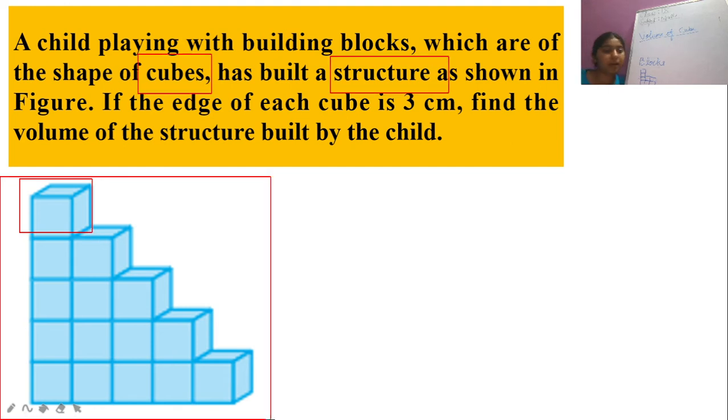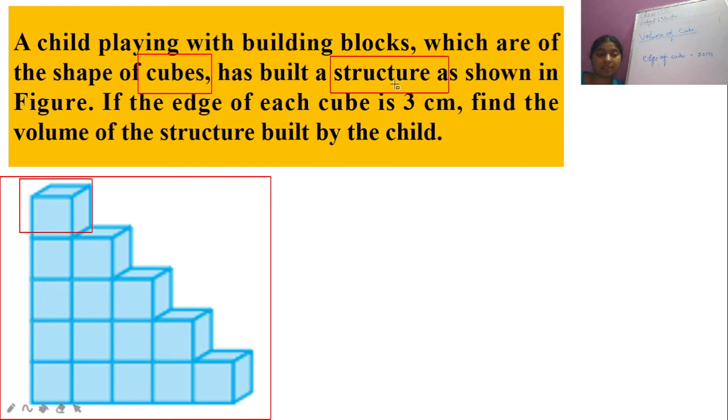If the edge of each cube is 3 centimeters, so the edge of a single cube is 3 centimeters. Next, you have to find the volume of the structure built by the child. So what is the volume of all these cubes that form the structure? Students, we only know the edge of one cube. For every cube it's going to be the same, right?